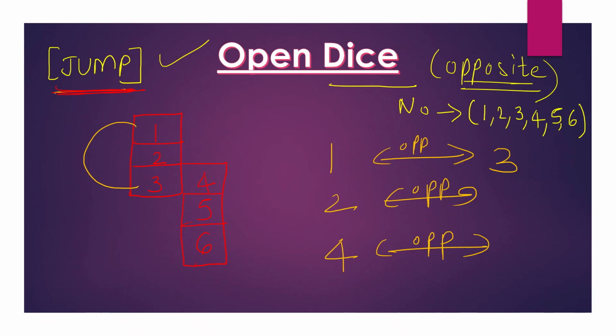Two opposite will be 5. You need to just jump. And 4 opposite will be 6. So easy it is. You need to just remember the word jump.